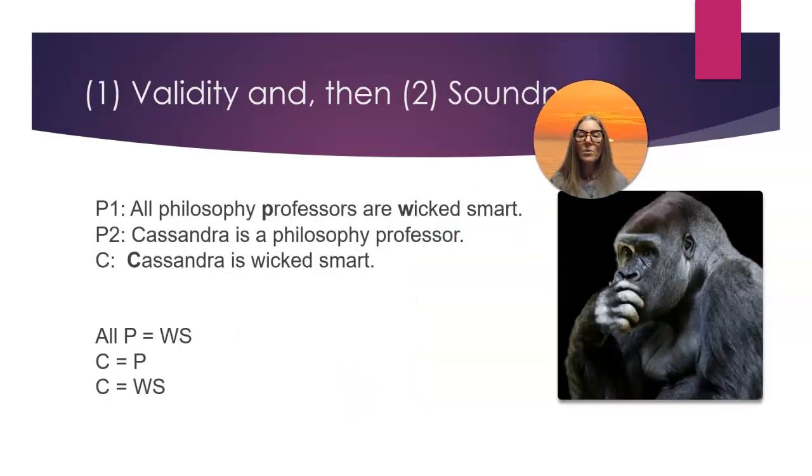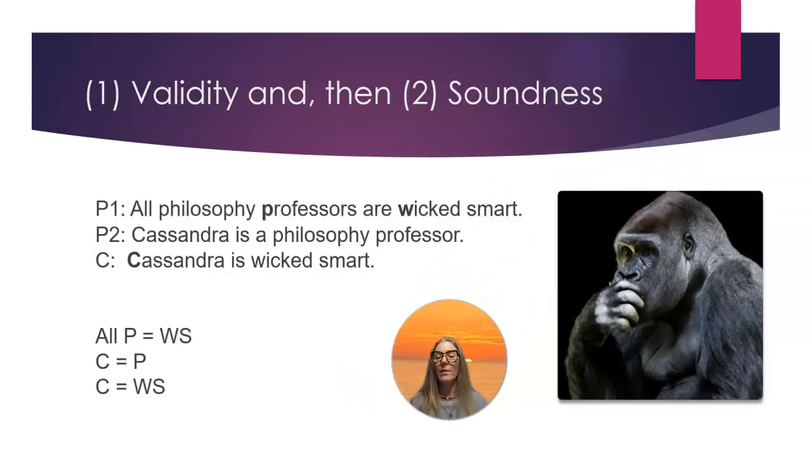Let's go back to this great slide of this wonderful gorilla and the argument for all philosophy professors being really wicked smart. By the way, ask yourself if you remember, what kind of deductive argument is that? It's a categorical syllogism.